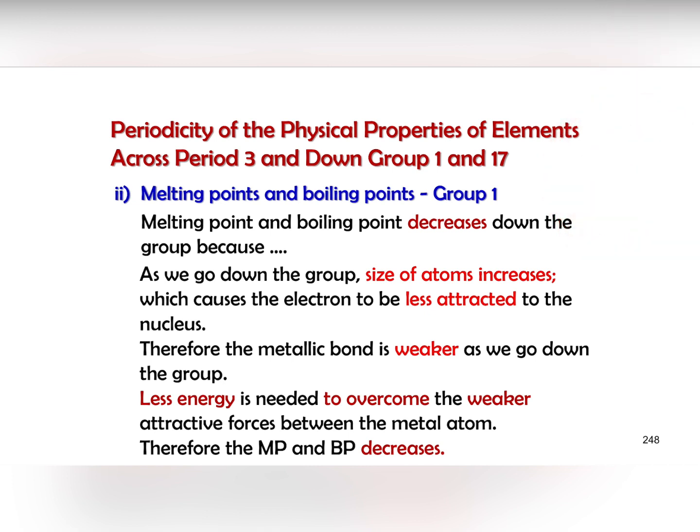That is why the metallic bond will become weaker as we go down the group. Therefore, less energy is needed to overcome the weak attractive forces. So maksudnya you just need a little amount of energy to break the metallic bond. So that is why kalau going down the group, melting point and also boiling point will decrease.